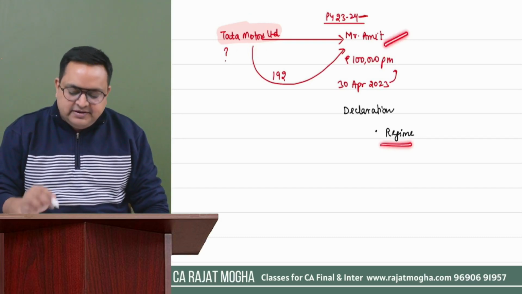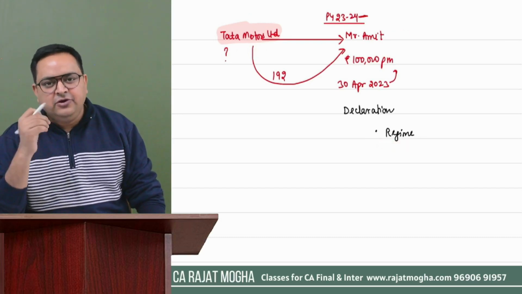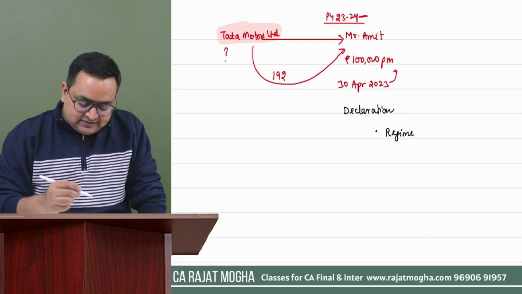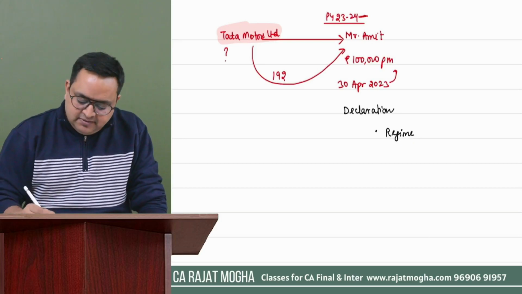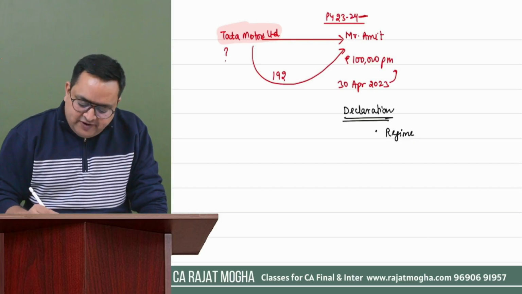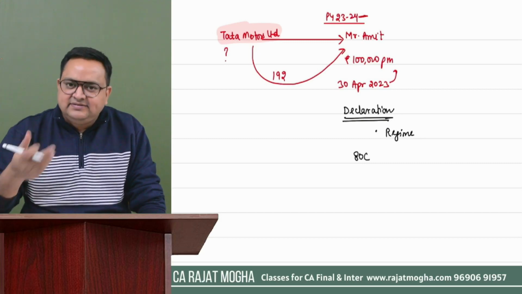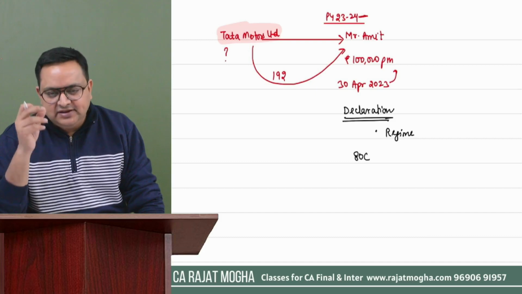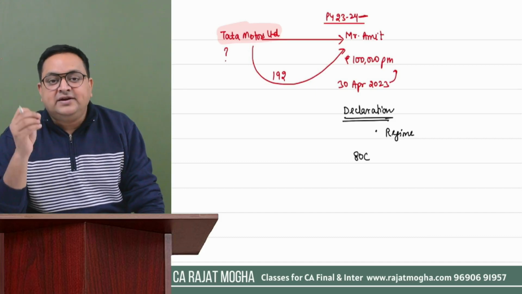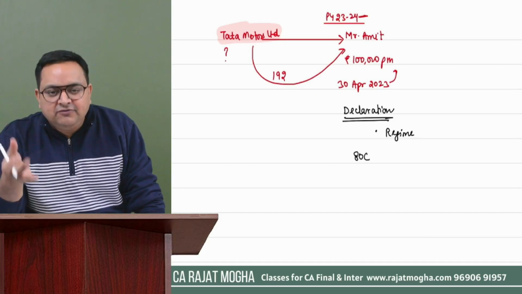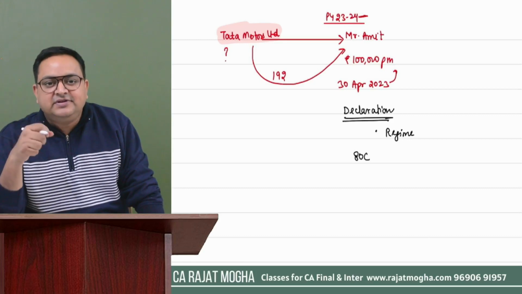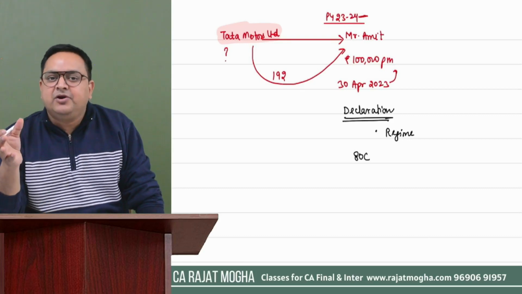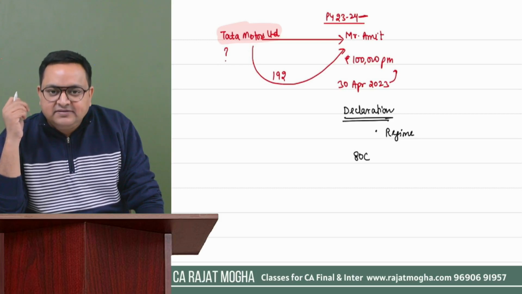First of all, let's say this person has said that I'll be following the optional tax regime. Then they also have to declare whether they will be investing somewhere in 80C, 80D, 80E, etc., in any section of Chapter 6A. Let's say this person is paying tuition fees for their children, principal repayment of a housing loan, or the LIC premium.